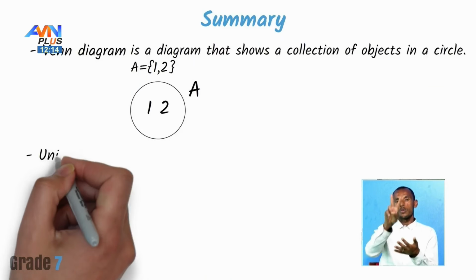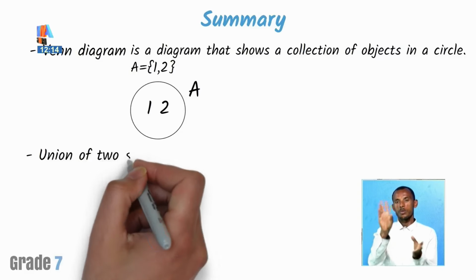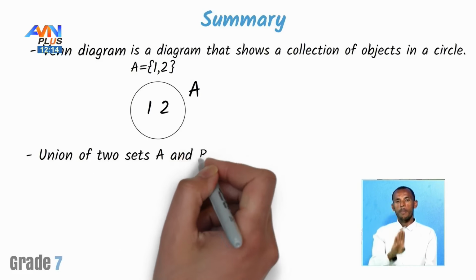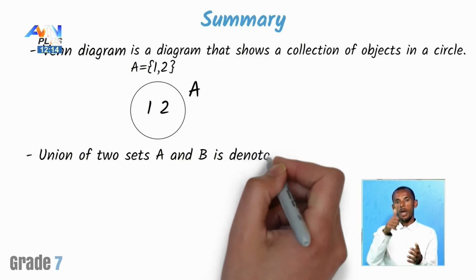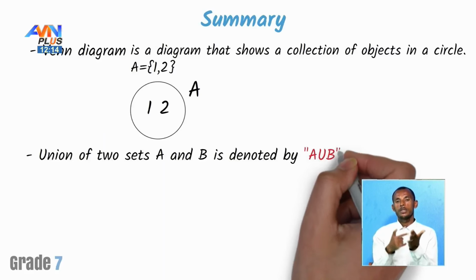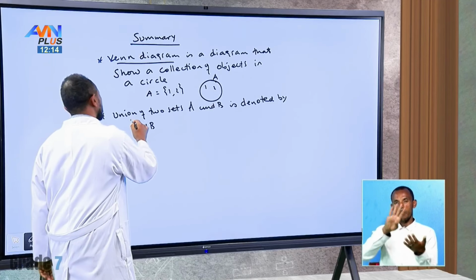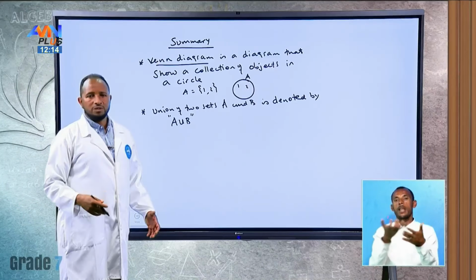Now, we have also seen how to find the union of two sets. The union of two sets A and B is denoted by this symbol, A union B. Its meaning is to simply mix the elements of set A and B without repeating the elements.